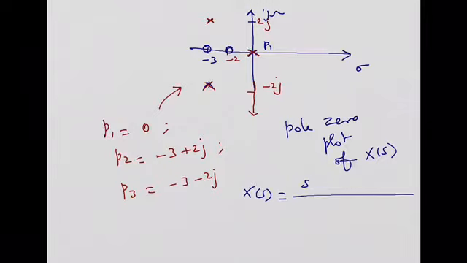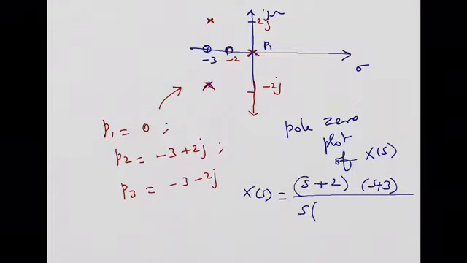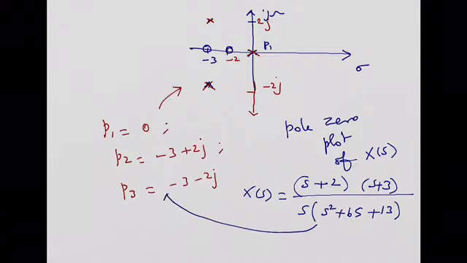The numerator is (s plus 2) and (s plus 3), whereas in the denominator we have s multiplied by (s squared plus 6s plus 13). So the roots of the denominator polynomial are represented as poles. The roots of the numerator polynomial are represented as zeros. Thank you.